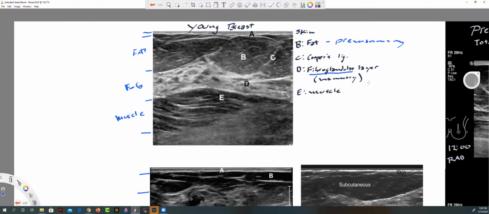Then this mammary layer here is D, and then E is muscle.